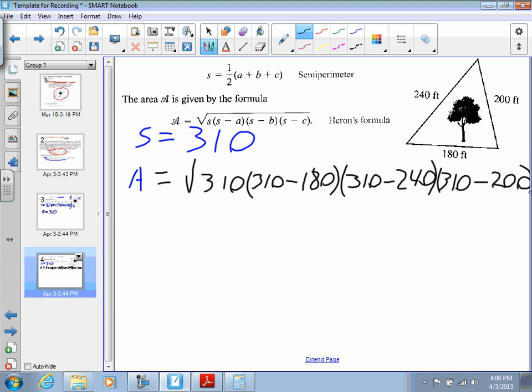And let's see if I can close my parentheses here. It doesn't really like that. And now I'll bring my square root all the way across.